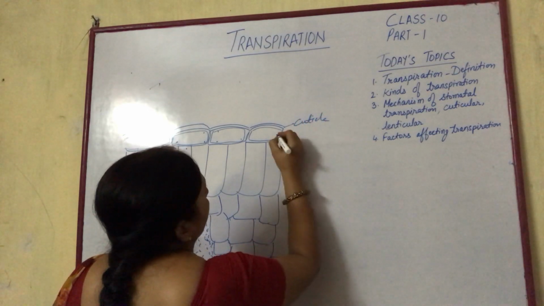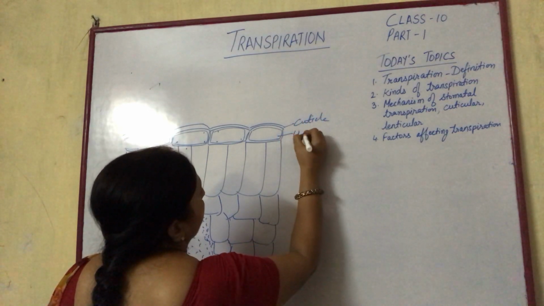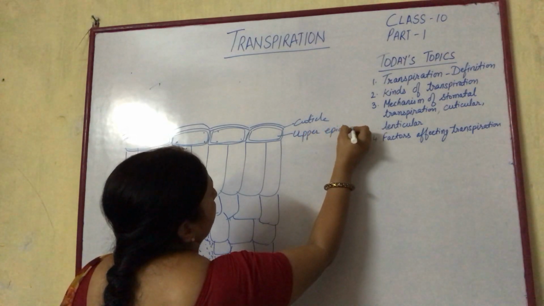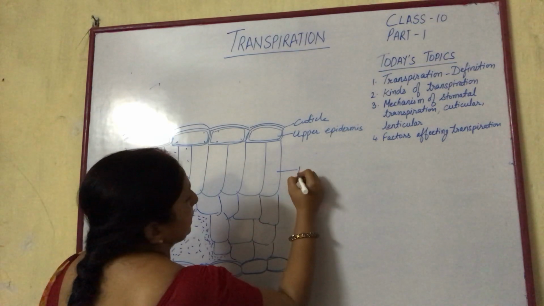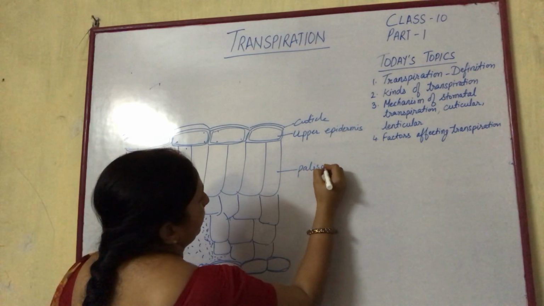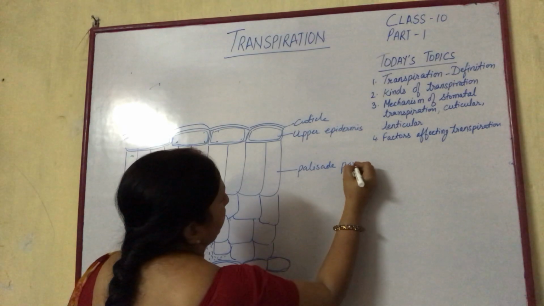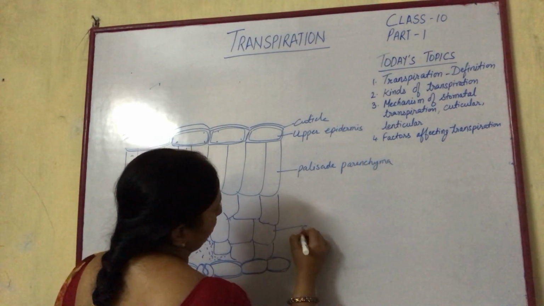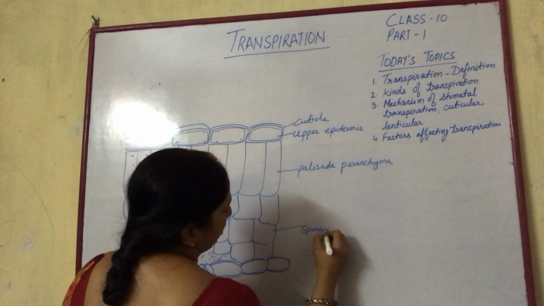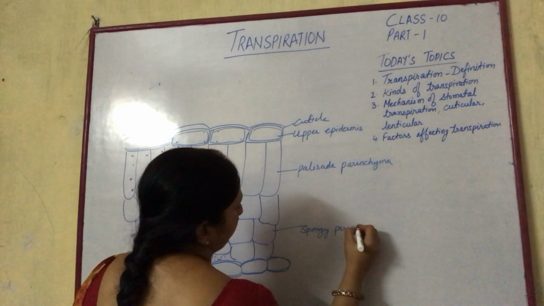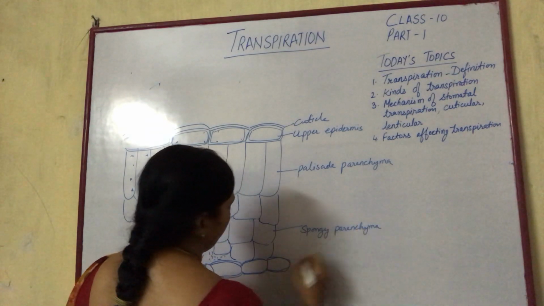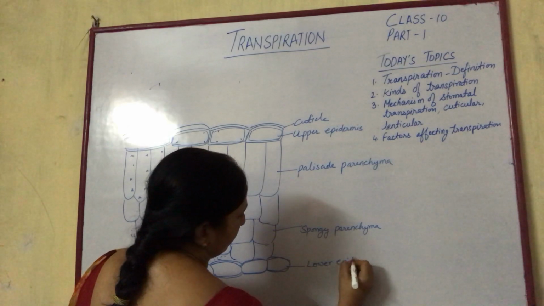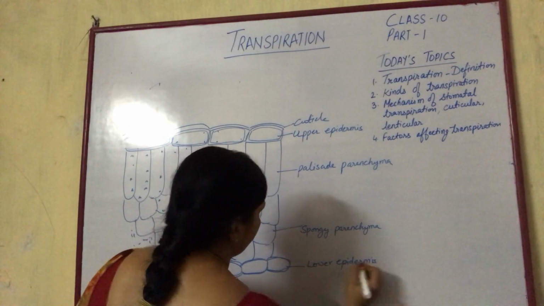Cuticle. Then this is the upper epidermis. This one is palisade parenchyma. Next to this is spongy parenchyma. This is the lower epidermis.